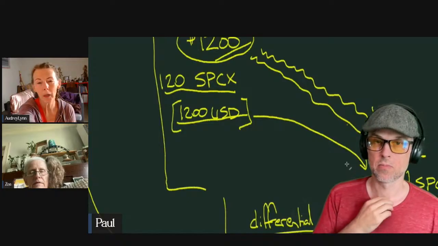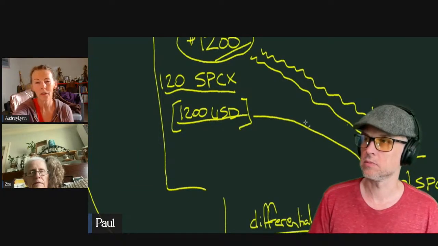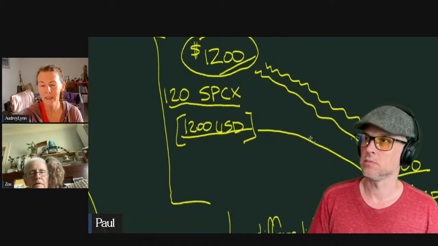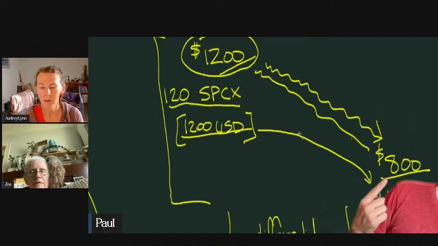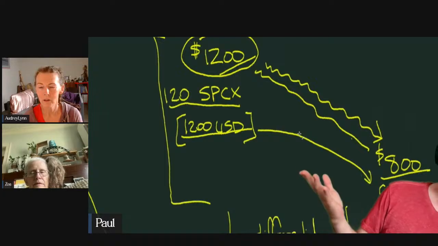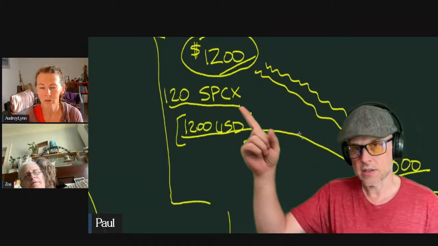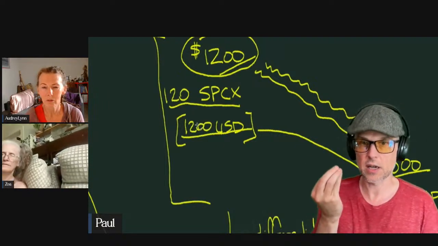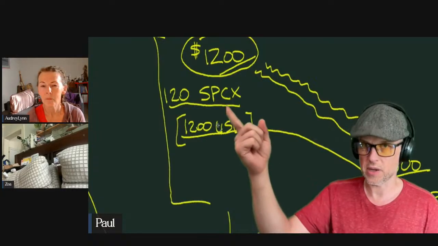How do I go from 120 SpaceX to 180 SpaceX when the 120 cost me $1,200, but the 180 is now worth $800? It's like that's the same price as $1,200. So how does that make money? Yeah, it's because the asset that you're actually taking on inside the margin account is the US dollar, not the SpaceX.